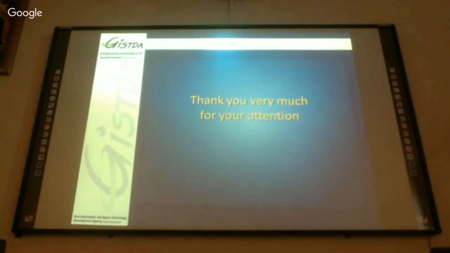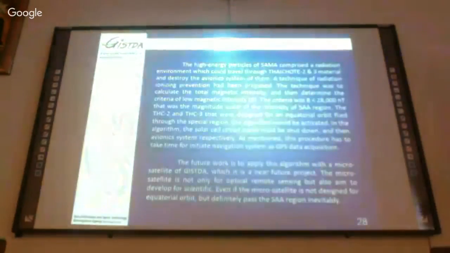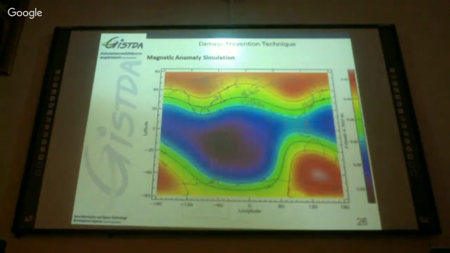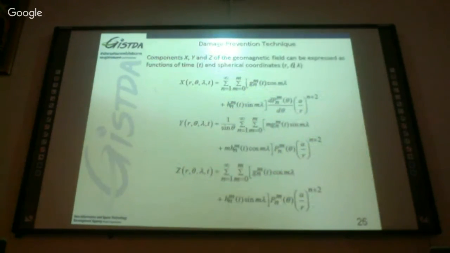Question: How long does it take, fractionally in an orbit, for the satellite to stay in this area? I'm trying to detect this by using this equation. The problem is we have no sensor.